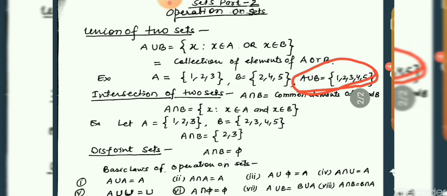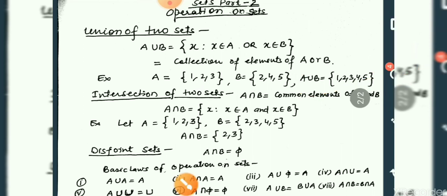Now elements of A union B are either present in A or B or in both. So this is the way to find A union B.